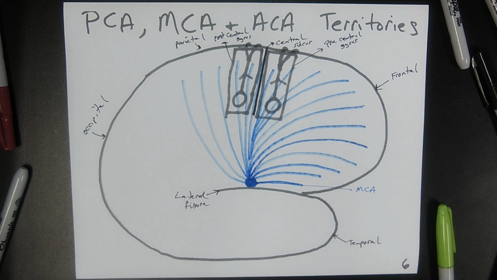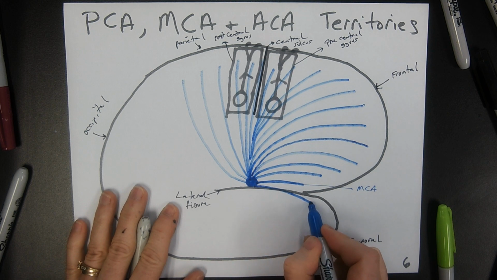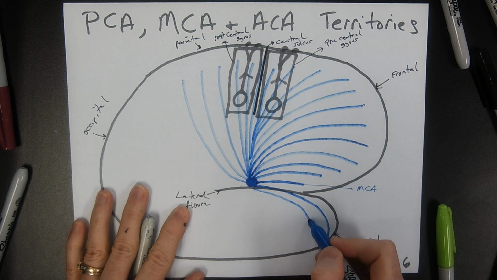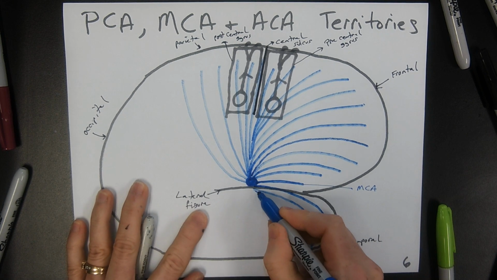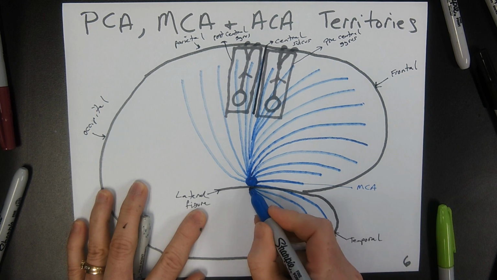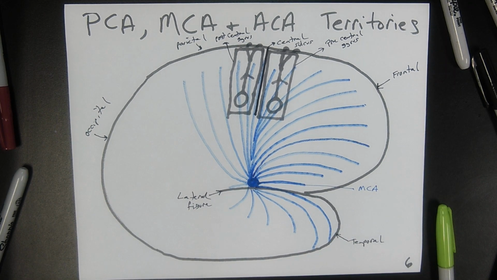And then somebody asked about the temporal lobe. So the MCA is going to supply most of the temporal lobe. Everything you see in blue there is MCA territory. The MCA supplies that part of the brain with blood.